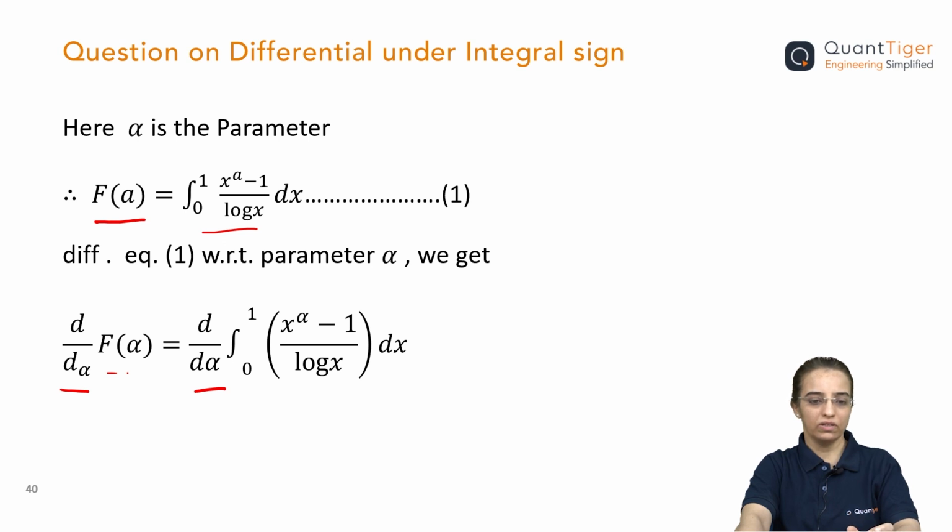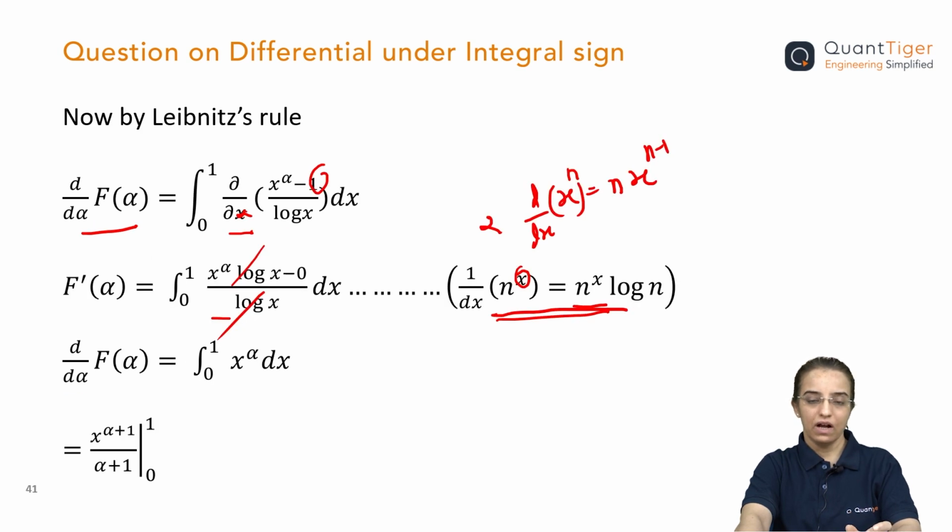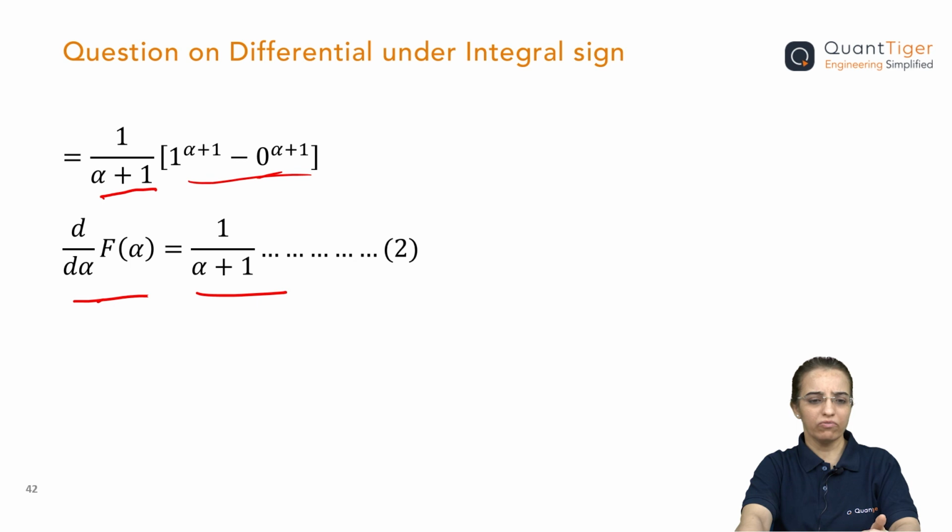That is the important thing which you have to understand. After that you have to apply certain rules and, for simplification, some formulas, so that you will get the value of f of alpha. In our case we integrated again to find the value of f of alpha.